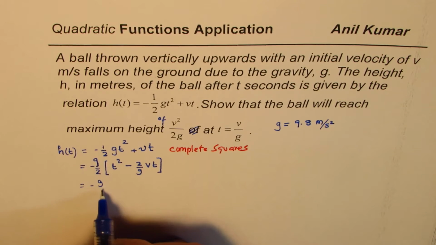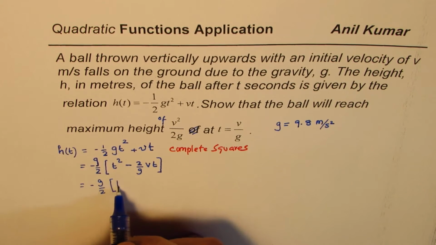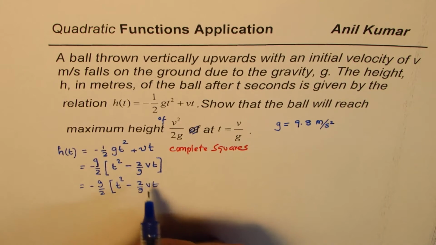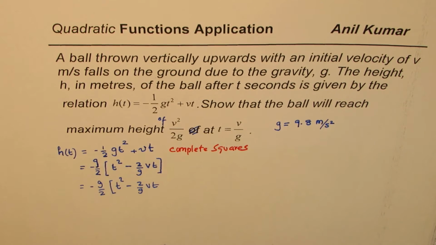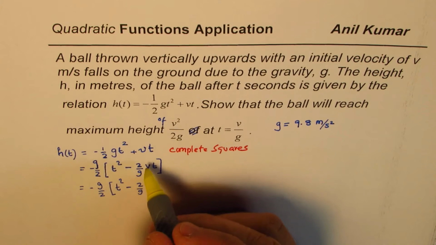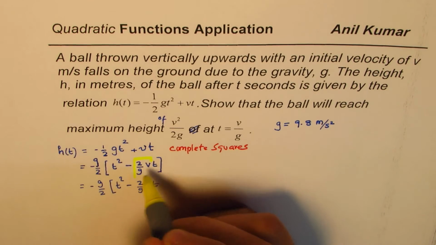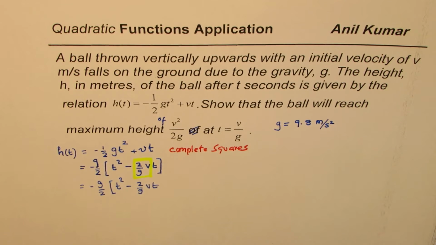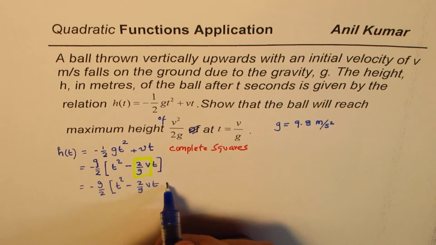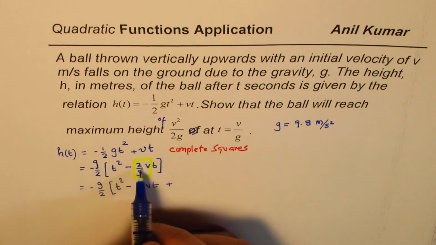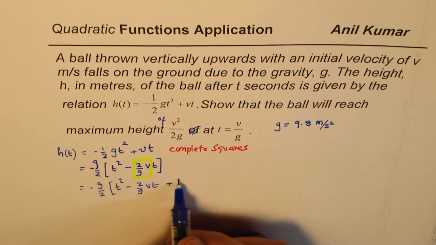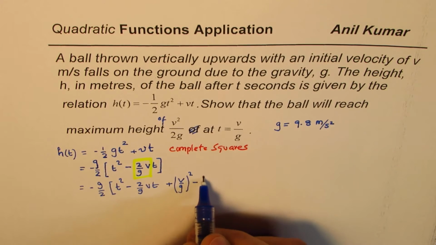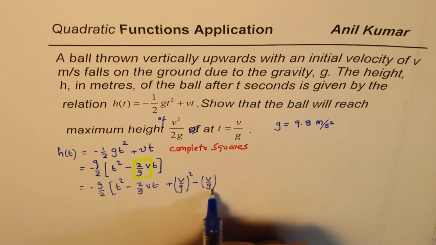Minus g over 2, t square minus 2 over g v t. Half of this term means the coefficient of t, 2v over g, half of it. We have to add and subtract that square. So 2 will cancel, we get v over g. We get v over g whole square minus v over g whole square.